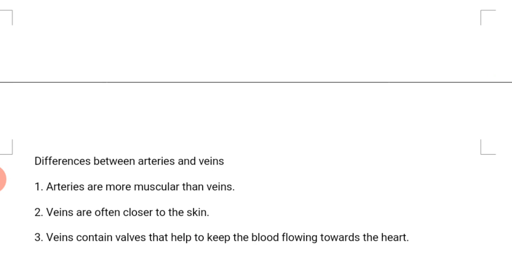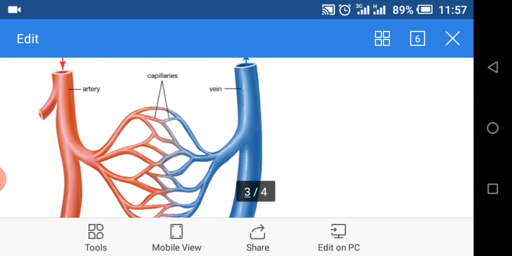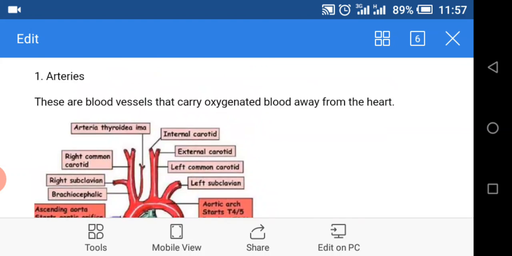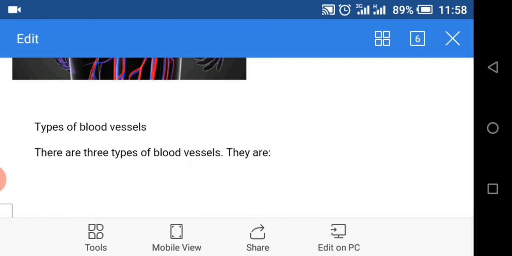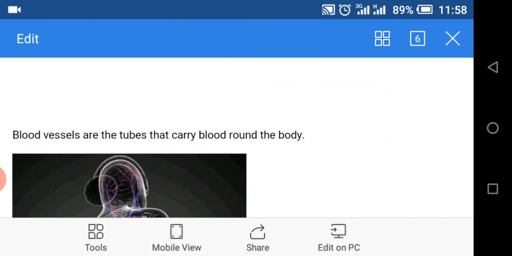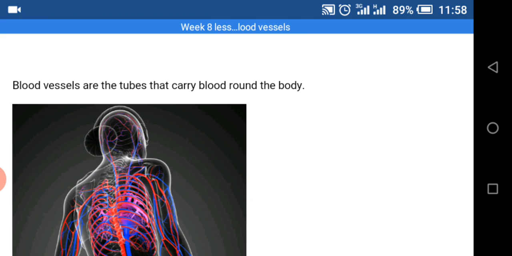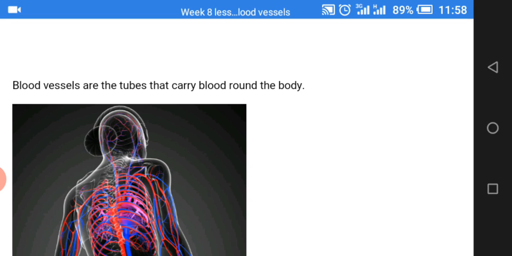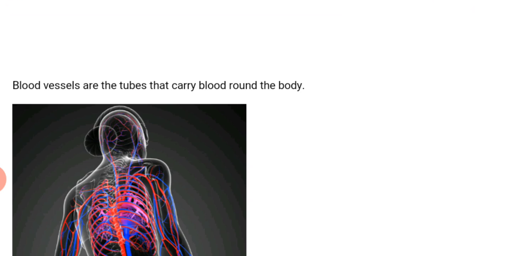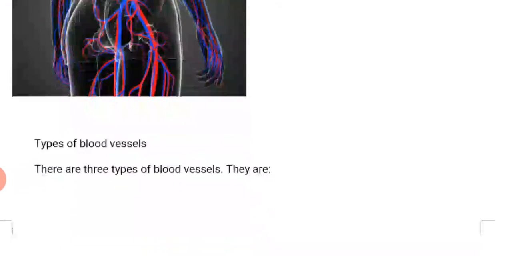In today's lesson, we are able to learn that blood vessels are tubes that carry blood around the body. And we learn the different types of blood vessels, which are three.